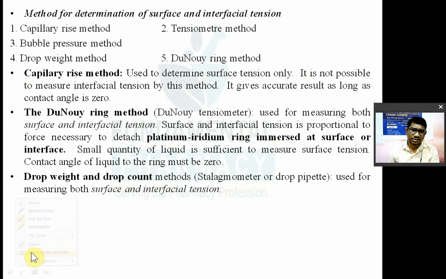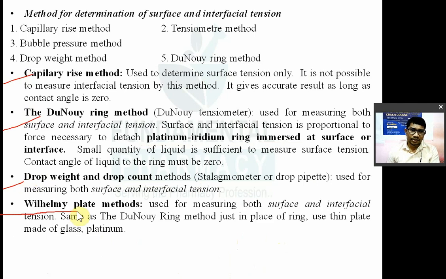यहाँ पे सिर्फ आप methods याद रखो. Capillary rise method is there, Dunoy method is there, drop weight drop count method is there, Wilhelmy plate method is there. Wilhelmy plate method. So used for measuring both surface as well as interfacial tension, and the method is also similar to Dunoy method. Okay? But here in this method, just replace that ring with the thin plate made from either glass or platinum. तो Wilhelmy plate method में, वो जो रिंग होता है Dunoy ring method में, वो रिंग यहाँ पे प्लेट से रिप्लेस करना है आपको, प्लेट मेड फ्रॉम ग्लास और प्लेटिनम.